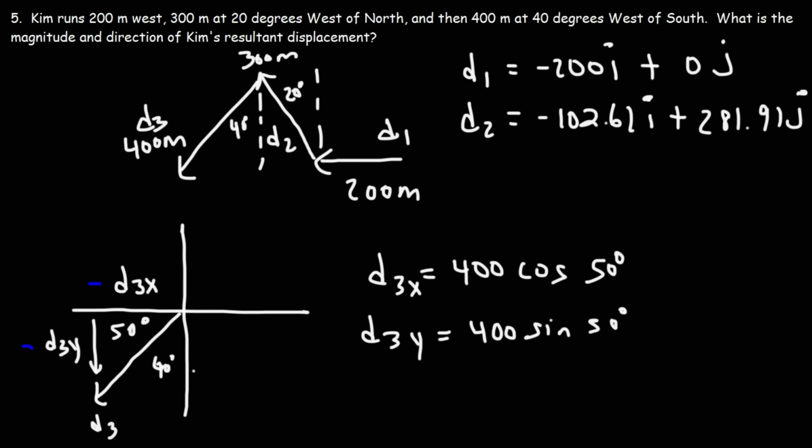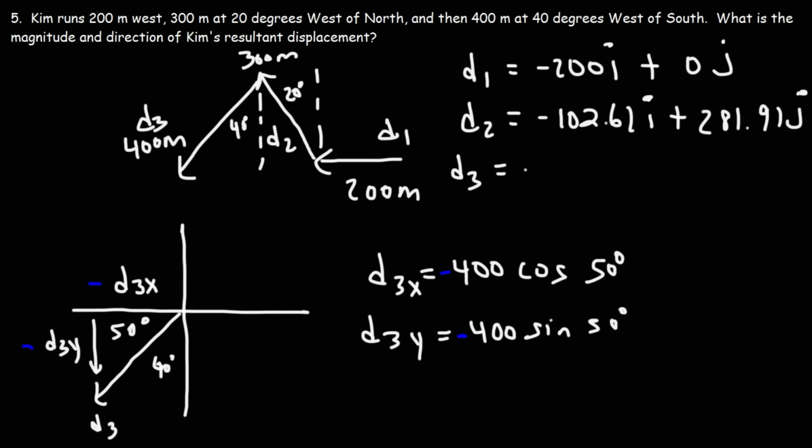Now, whenever you use a reference angle, which is an acute angle between 0 and 90, the angle inside the triangle, you need to adjust the signs. So if it's going to the left or if it's going down, it's negative. If it's going to the right or going up, it's positive. So now let's go ahead and plug this in. 400 cosine 50, that's 257.11.